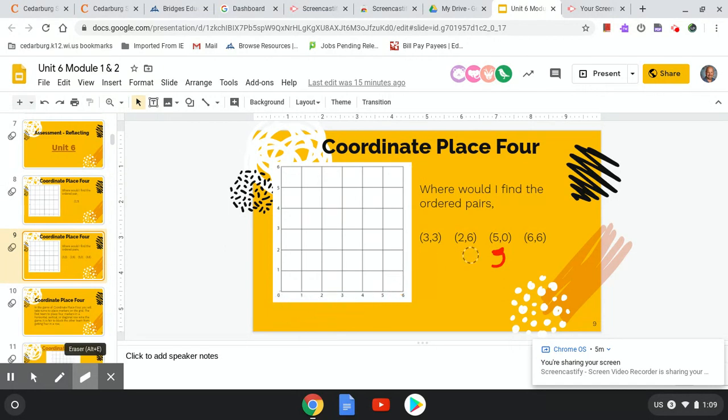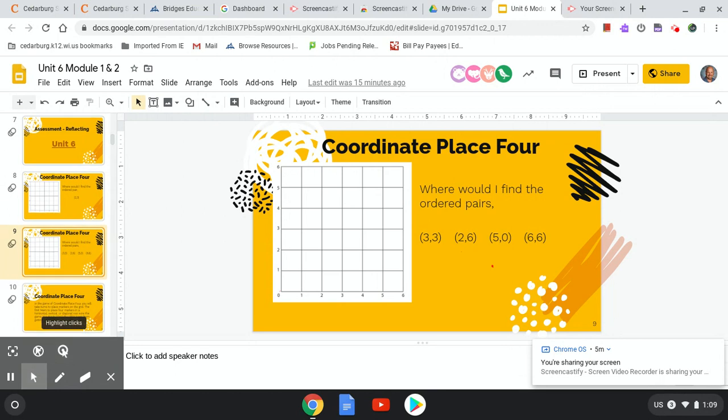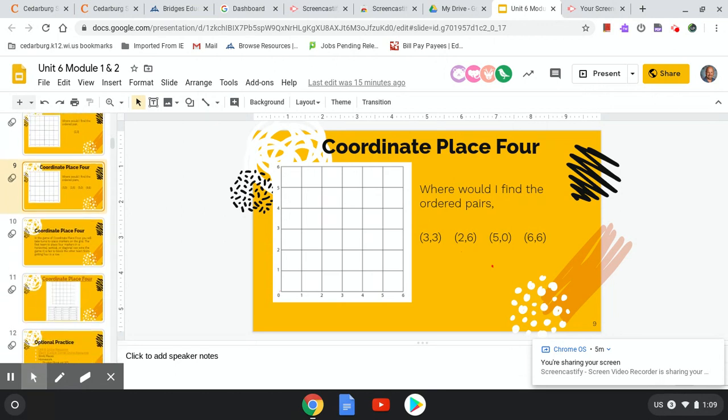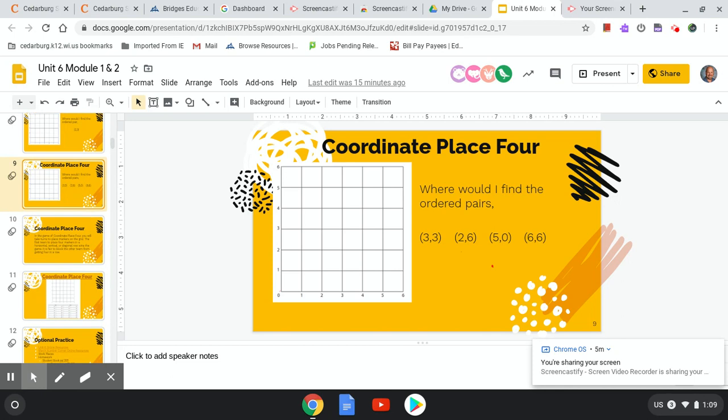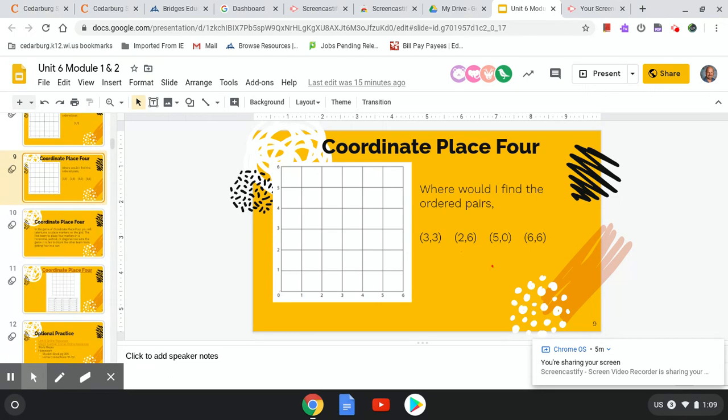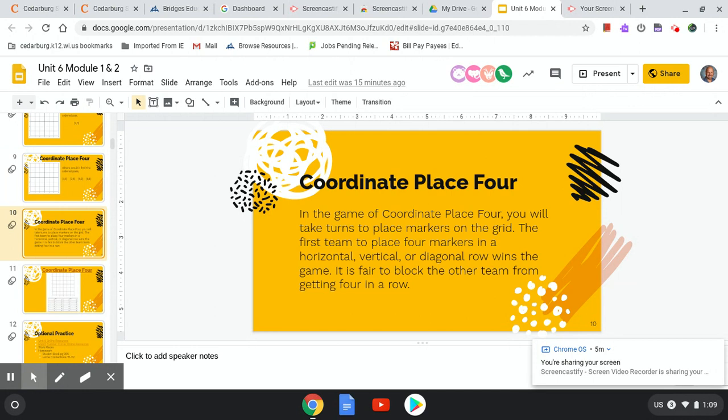Just get rid of these before we move on to the next page. All right, so now to play Coordinate 4, it's fairly simple. You're going to need to take turns placing your markers on the grid.